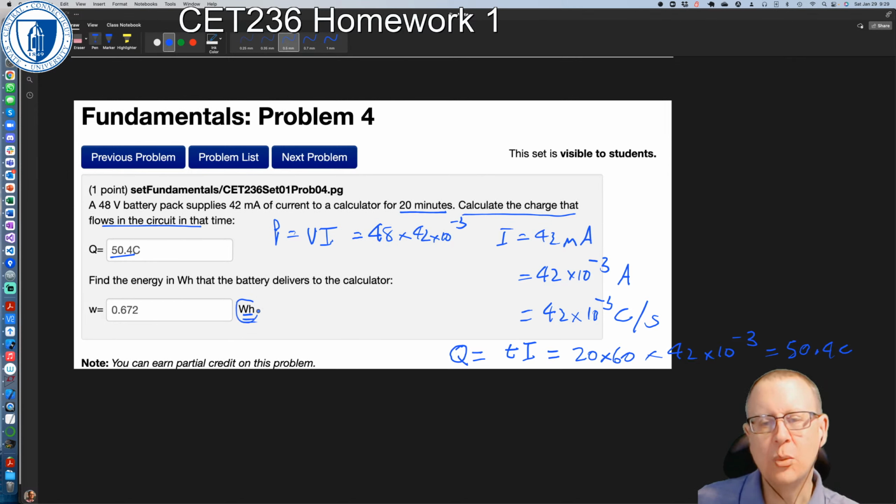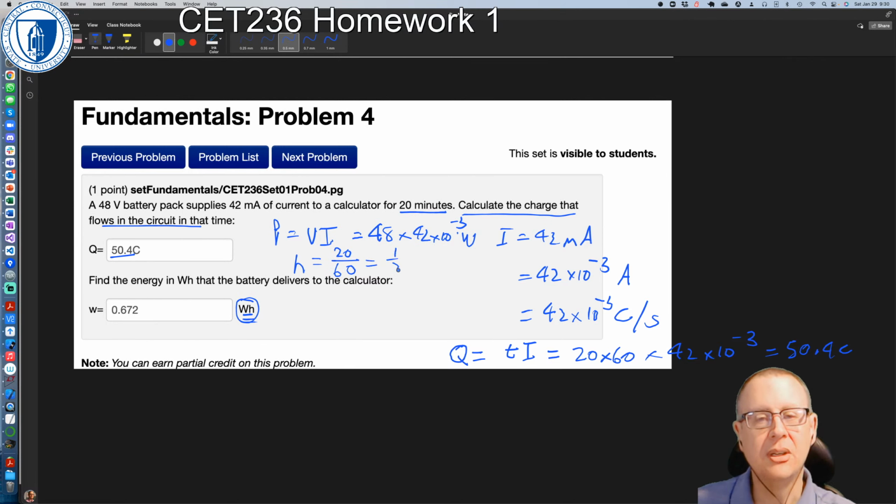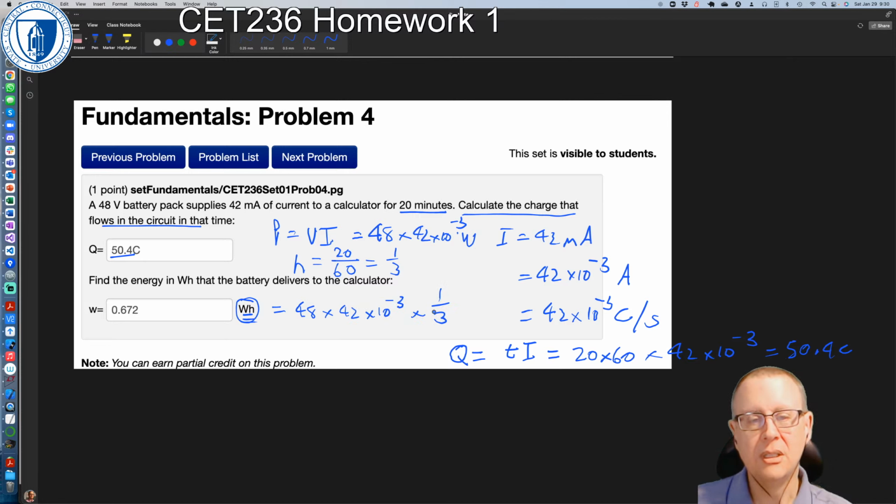Because the unit we're asked for is watt hours. So this is the power in watts, and the number of hours is going to be 20 minutes divided by 60 minutes per hour, right? So it's 1/3. So the answer here should be 48 times 42 by 10 to the minus 3 times 1/3. And let's see if that works out.